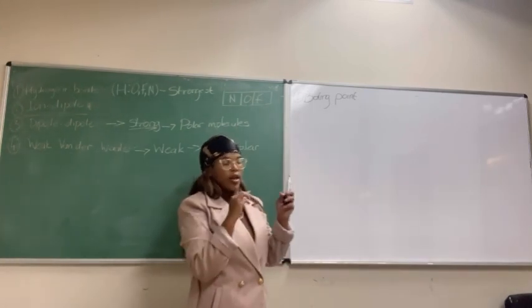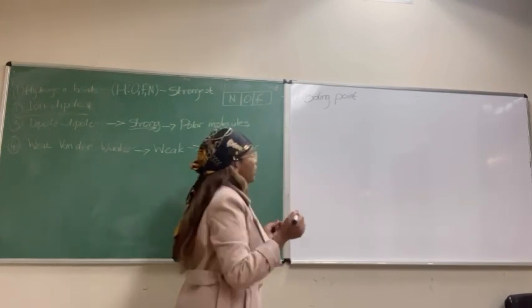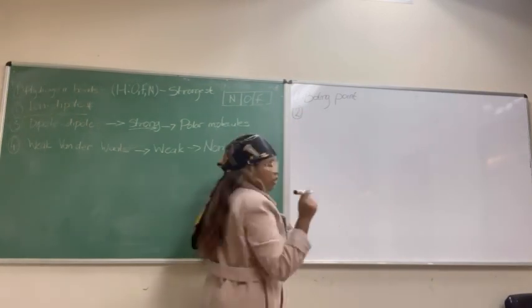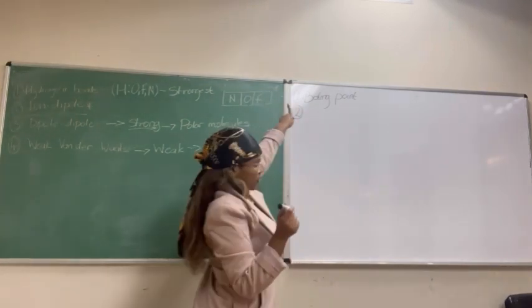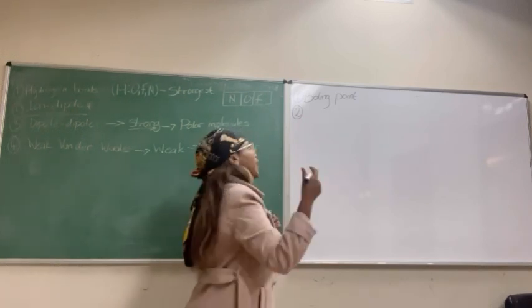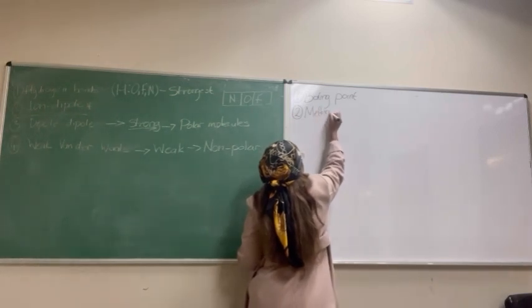So the temperature at which a liquid will turn into a gas, we call that the boiling point. So if we have boiling point as our first physical property, obviously we will also have melting point. Exactly, melting point.